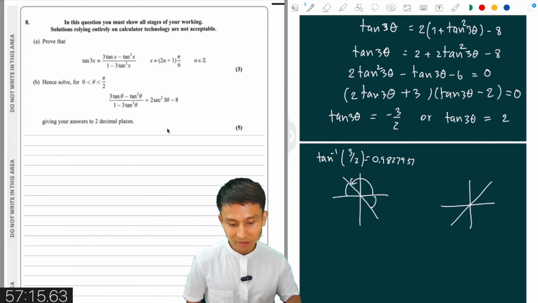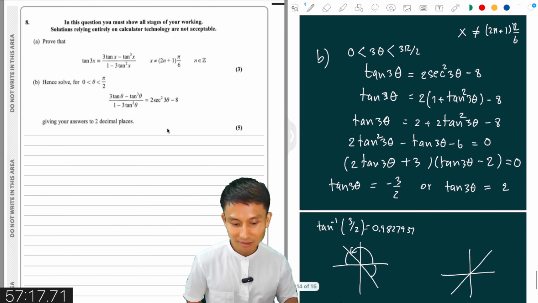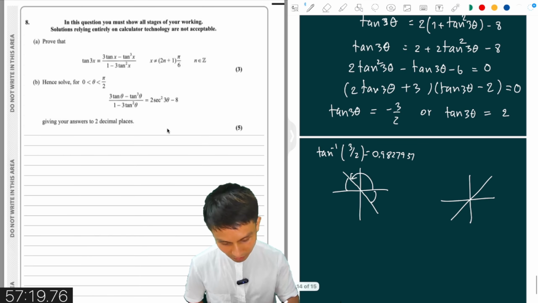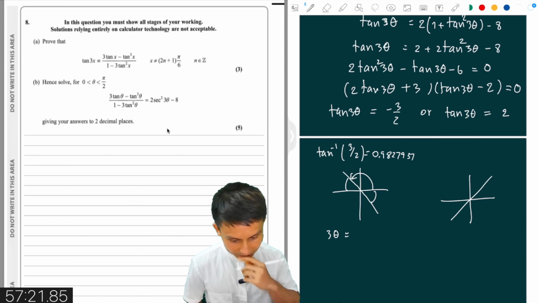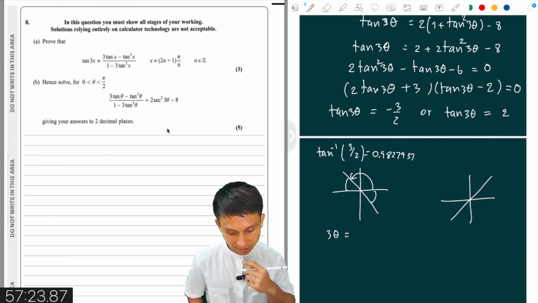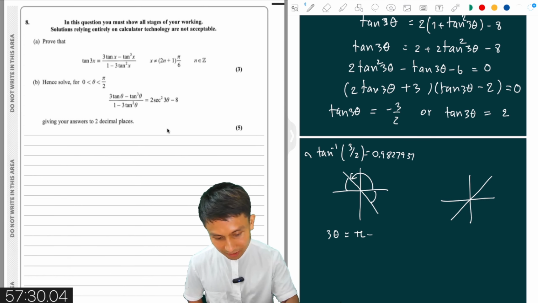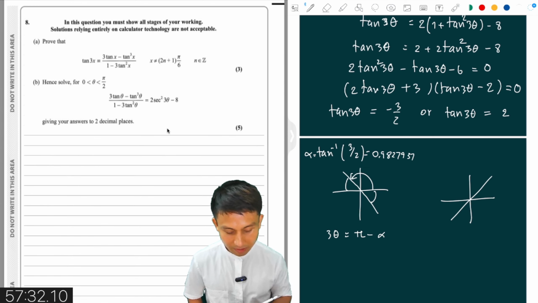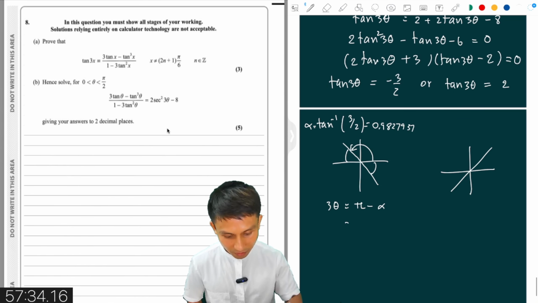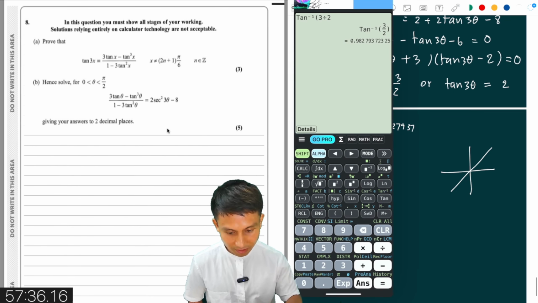And that's it, because you can't go greater than 3 pi over 2. So 3 theta here is just, and that's a negative, yeah. Pi minus, let's say this is alpha, yeah? Pi minus alpha. Okay, and that's one of them. And just one, I think.